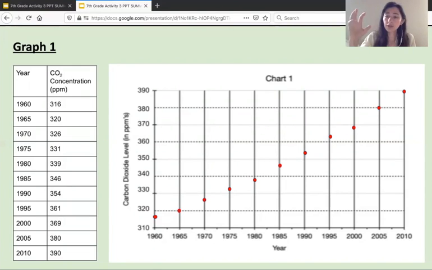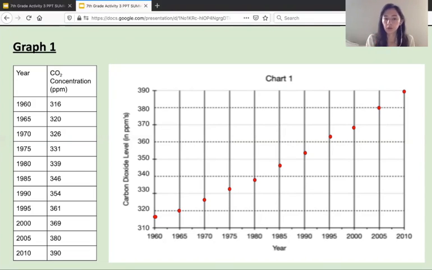So all of this together is going to show you your points, how much measured CO2 was in our atmosphere during these specific years. So if you were to connect the dots, draw a line through all of these points you just plotted from 1960 up to 2010, you can see that the amount of CO2 in our atmosphere is increasing.